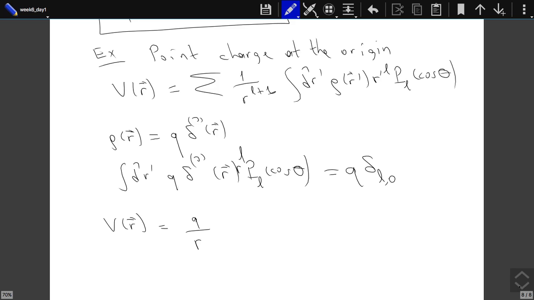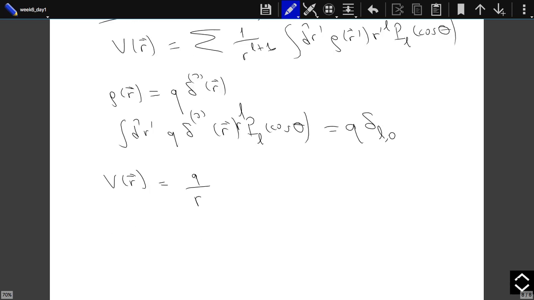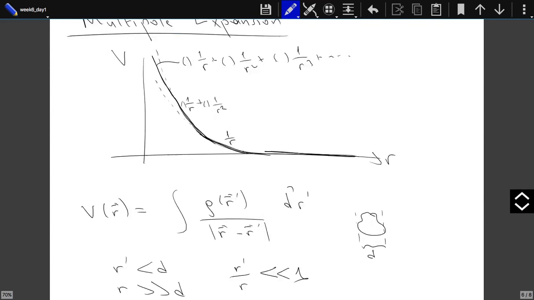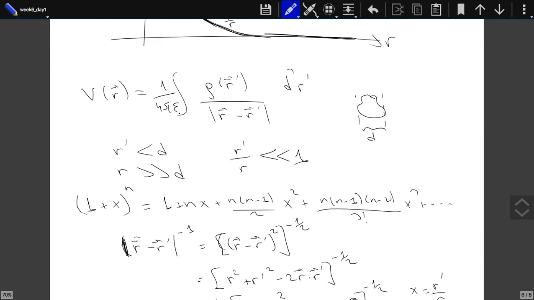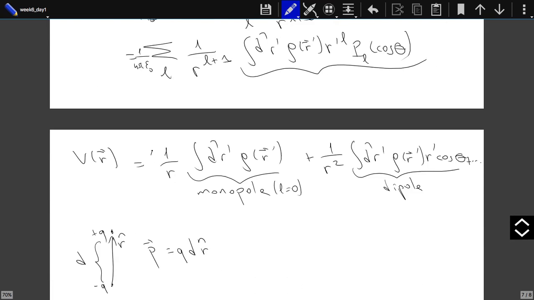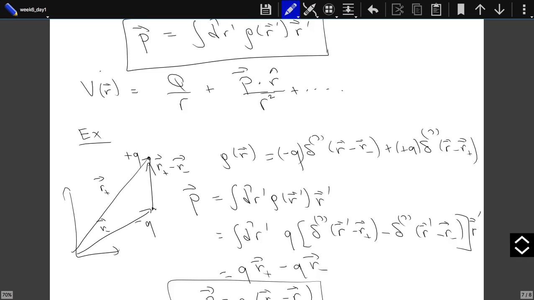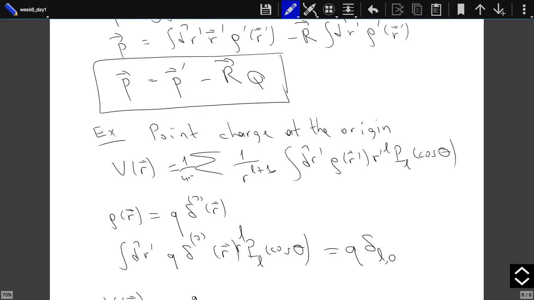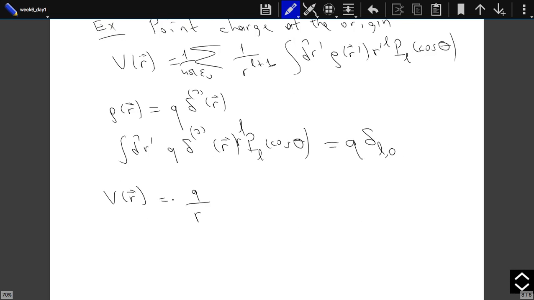John, what happened to the 1 over 4 pi epsilon coefficient? Good question. So it's here.